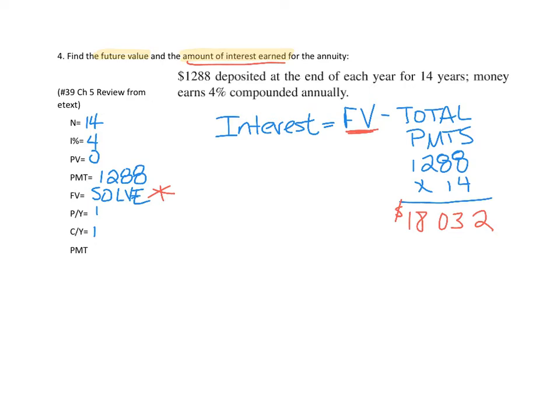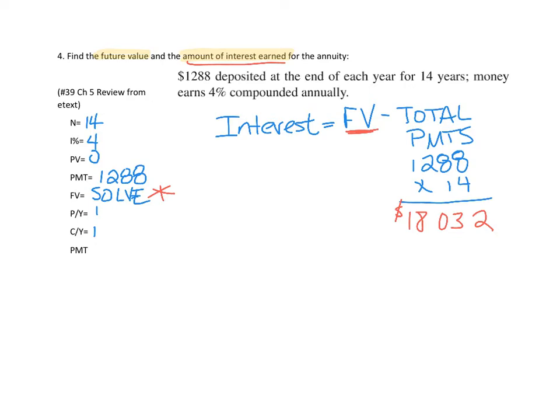And now we need to solve for the future value. So for n, we enter 14 because we're depositing at the end of the year for 14 years at 4%, compounded annually, which means P/Y and C/Y are both going to be 1. Our present value will be 0, and our payment amounts are $1,288.